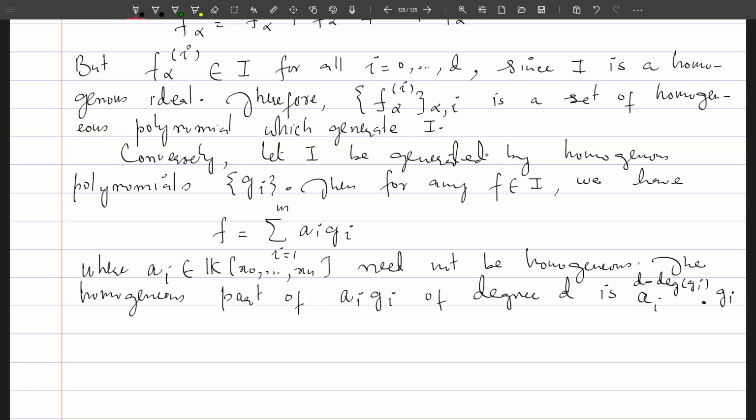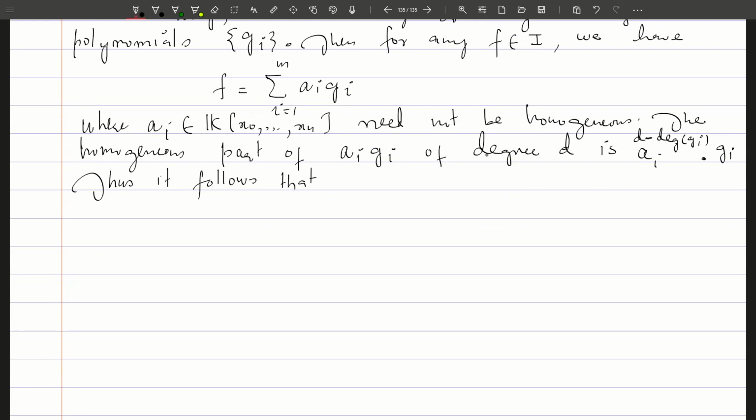So thus it follows that if I look at the degree d component of f, we can write this as this finite sum of ai to the power d minus degree of gi times gi.